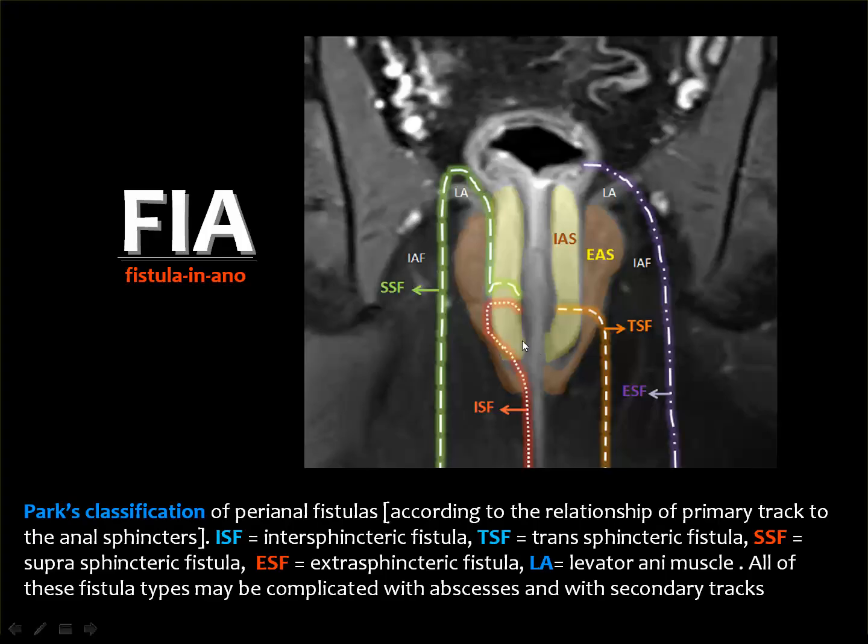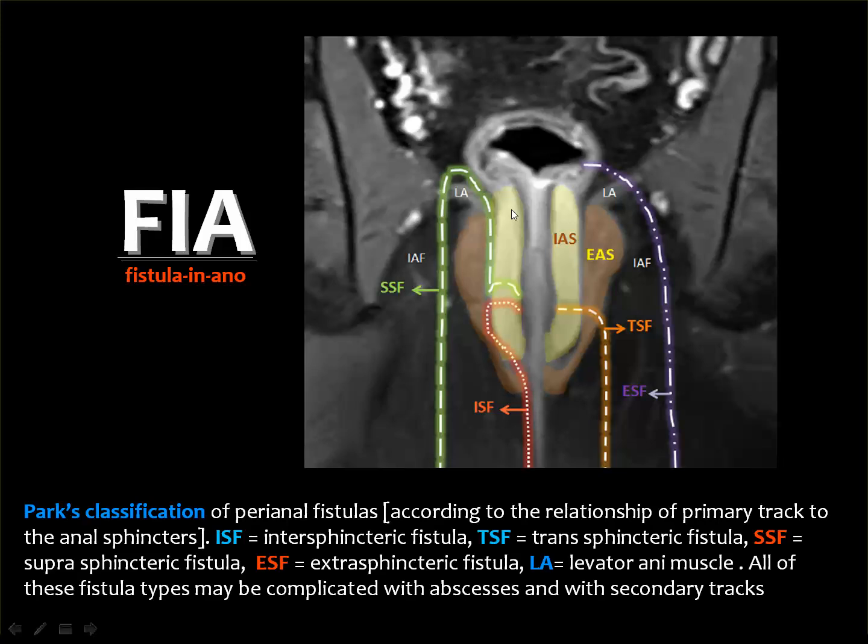And this is the intersphincteric fistula, which passes between the internal and the external sphincter to the outside. Then the transsphincteric fistula is crossing the internal and the external sphincter into the ischioanal fossa to the outside. Then the suprasphincteric fistula crosses through the internal sphincter, then in the intersphincteric space until it reaches the puborectalis.